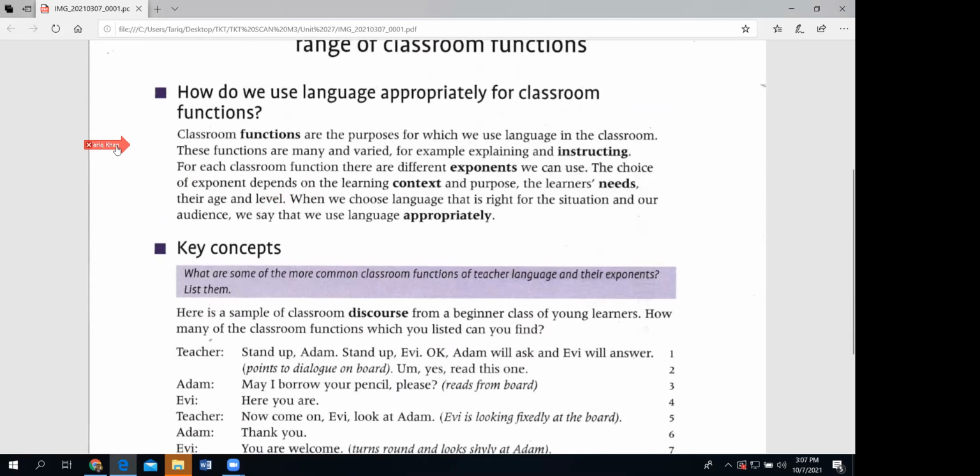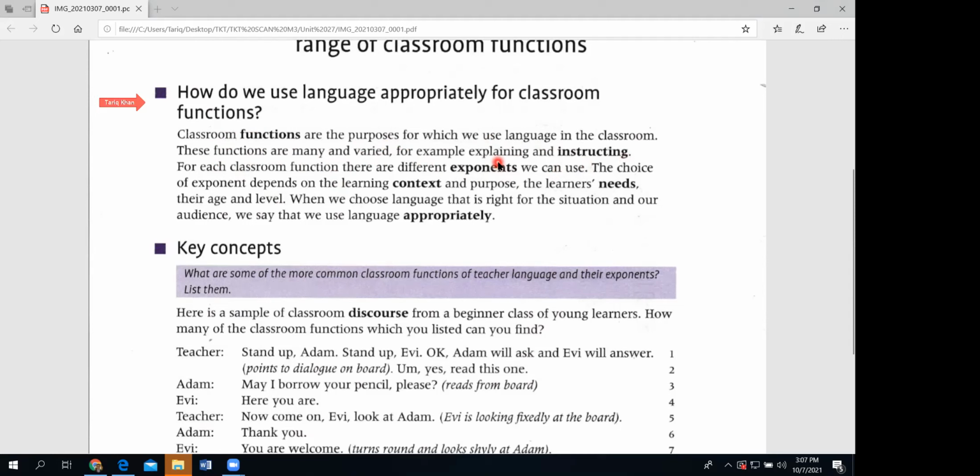How do we use language appropriately for classroom functions? Classroom functions are the purpose for which we use language in the classroom. These functions are many and varied. For example, explaining, instructing.